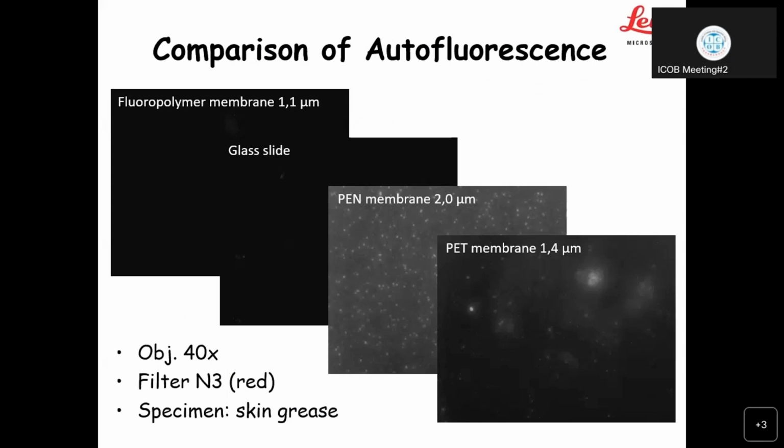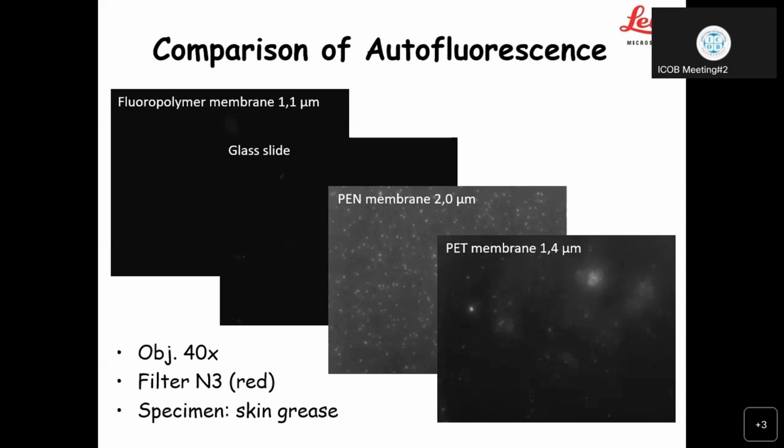For fluorescent samples, we put 4 kinds of slides: fluoro membrane, PN membrane, PT membrane, and glass slide under a 40X objective with a reflector tube to observe the autofluorescence.